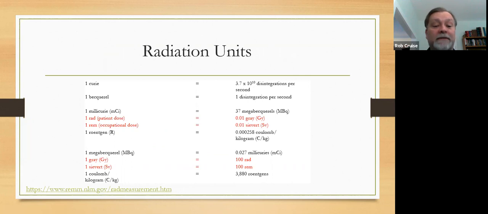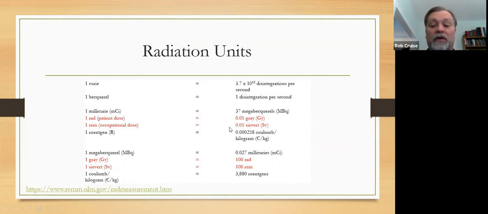1 rad, the patient dose, is equal to 0.01 gray. And 1 rem, the occupational dose, is equal to 0.01 sievert. Again, the only distinction between a gray and a sievert is who is being exposed, the patient or the worker.